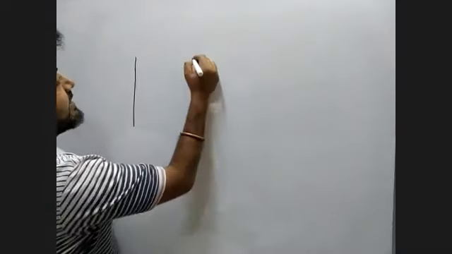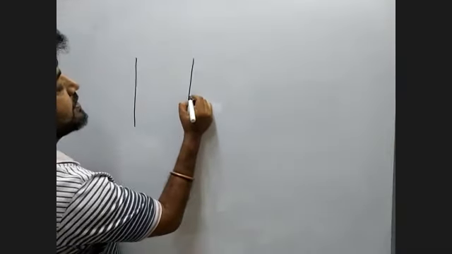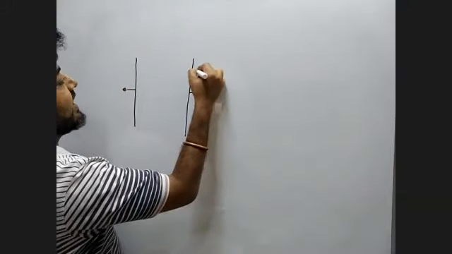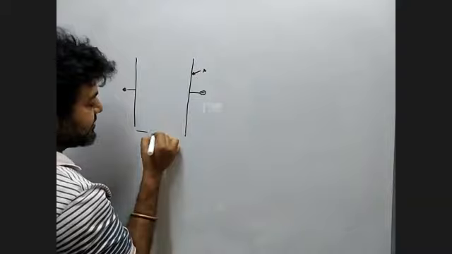Very, very important. Suppose we have a parallel plate capacitor. We know this plate is the minus one and this is the plus one. A is the plate area, D is the separation.